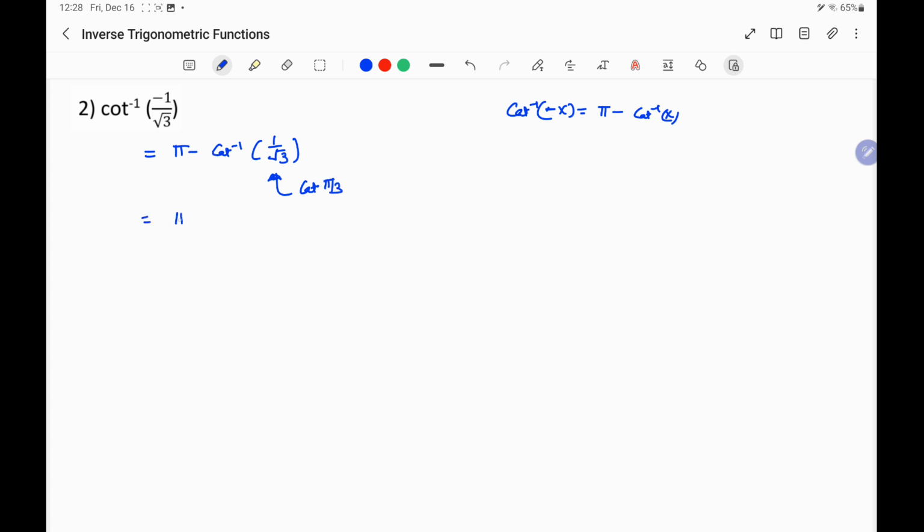So it can be written as pi minus cot inverse of cot pi by 3. And using the formula that cot inverse of cot x will be equal to x, it will be pi minus pi by 3. On simplifying, we will have 2 pi by 3. This is the principal value of cot inverse of minus 1 by root 3.